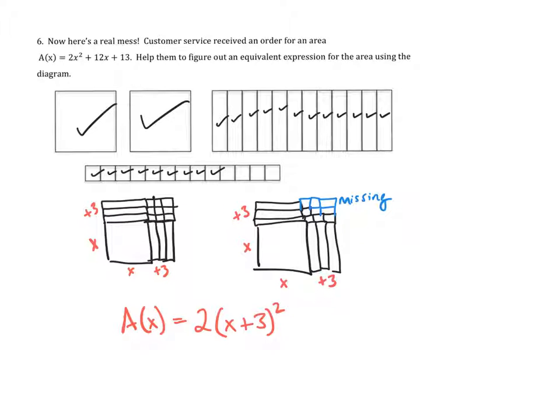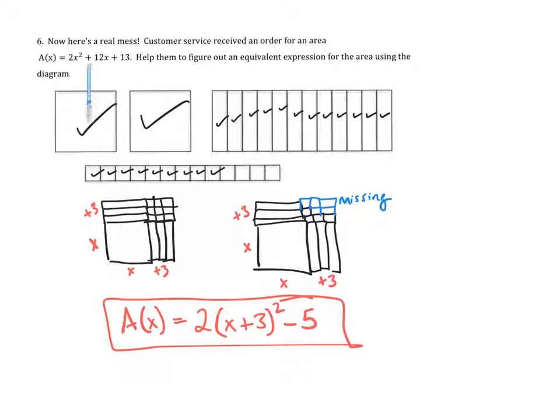They're each x plus 3. But I have 1, 2, 3, 4, 5 blocks missing here. So what I'm going to say is it's going to just be 2 times x plus 3 squared minus 5. So I'm subtracting 5. So this, y'all, right here, would be an equivalent expression to this right up here.